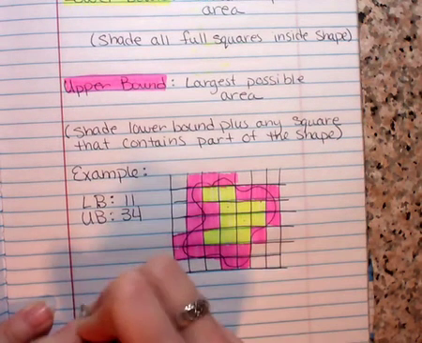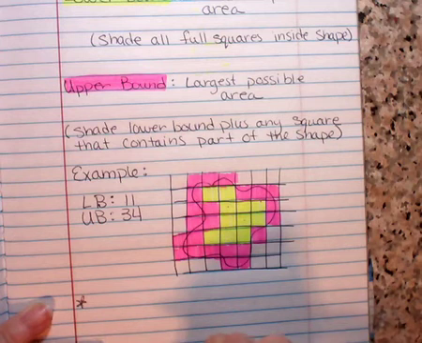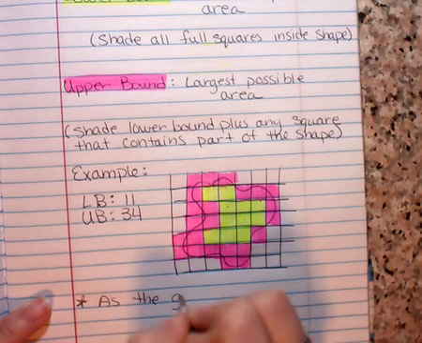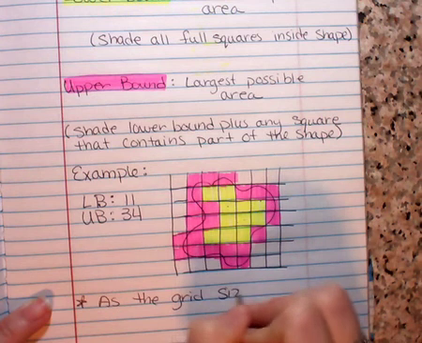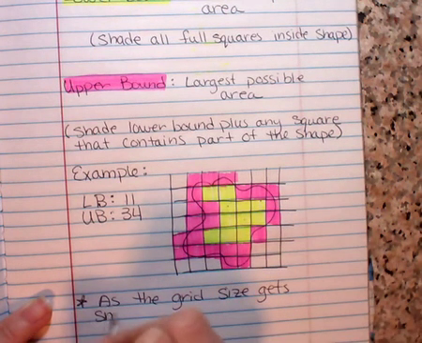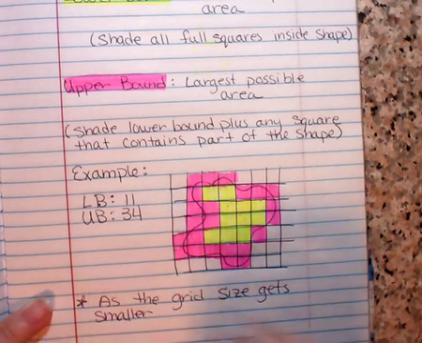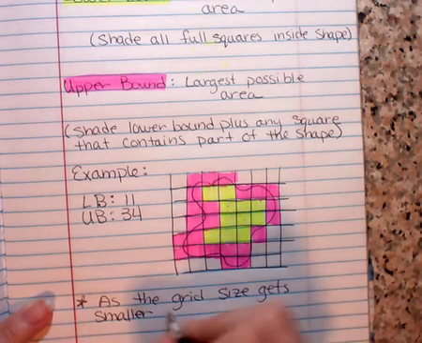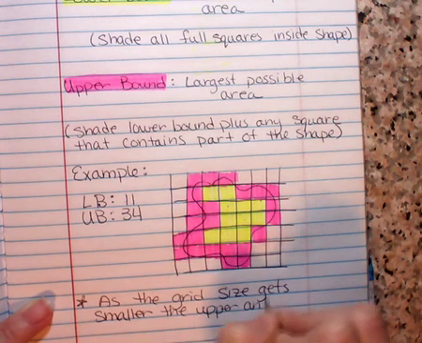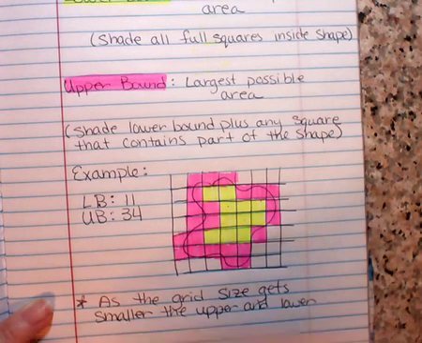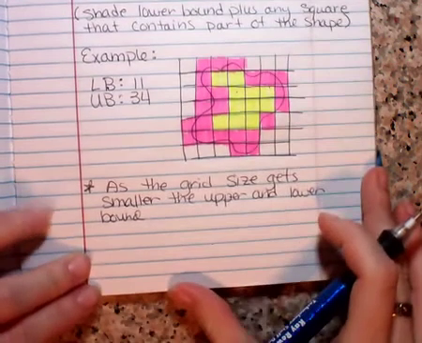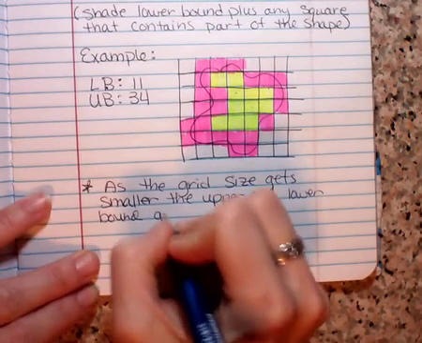And we want one more side comment about bounds, that we discovered: as the grid size gets smaller, the upper and lower bound get closer to the true area.